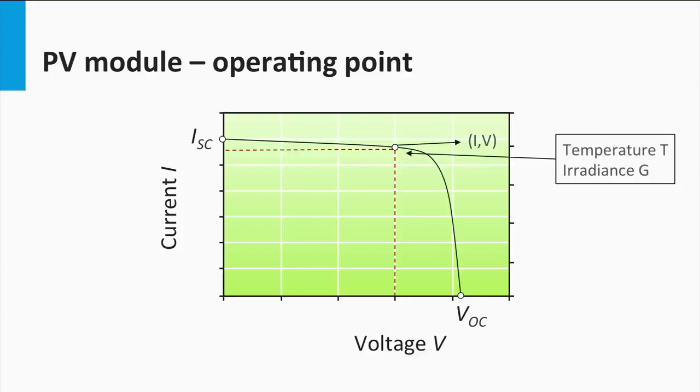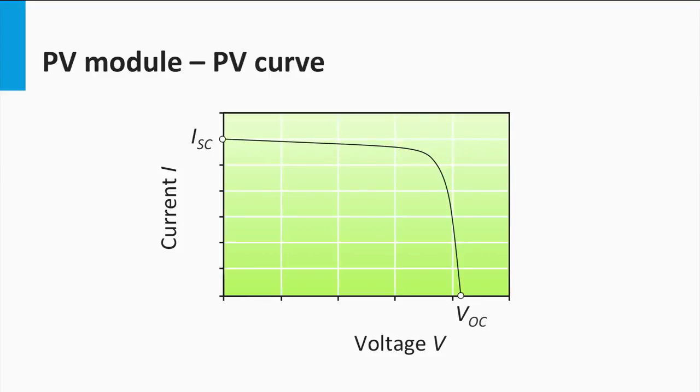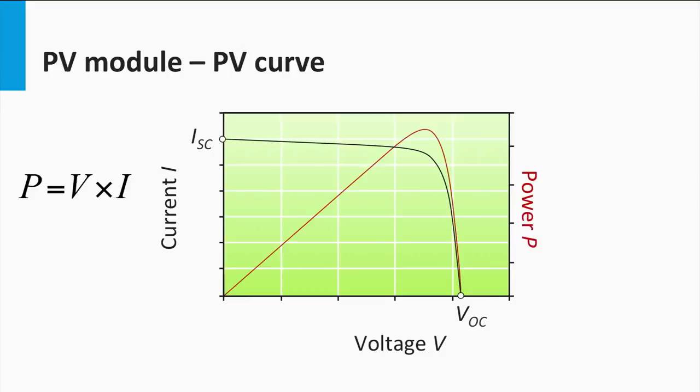For a given irradiance and temperature, an operating point on the IV curve corresponds to a unique IV value. We know that power is voltage times current. If you draw the power voltage curve, or the PV curve, it takes a form as shown. Of course, an operating point on the IV curve will also correspond to a unique operating point on the PV curve.